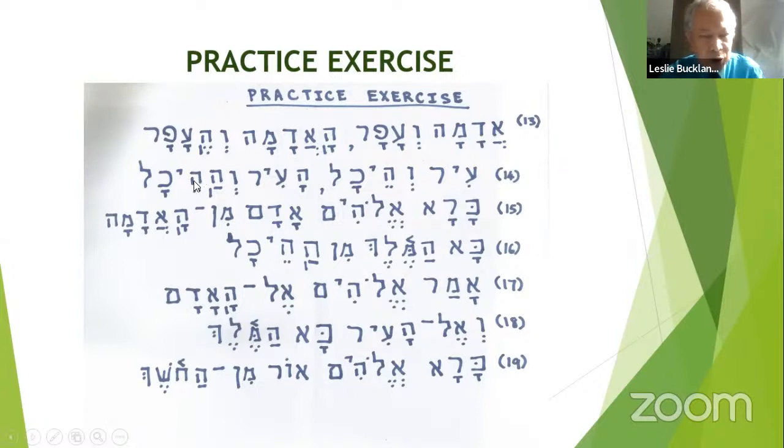According to another grammatical rule governing the vowels that are under the definite article, when the definite article comes before a word that begins with the guttural letter hey, then because this is a harsh guttural, there is no need to lengthen the vowel from pathak to kamis. This is considered a soft guttural, so there is a need to lengthen the pathak to kamis.